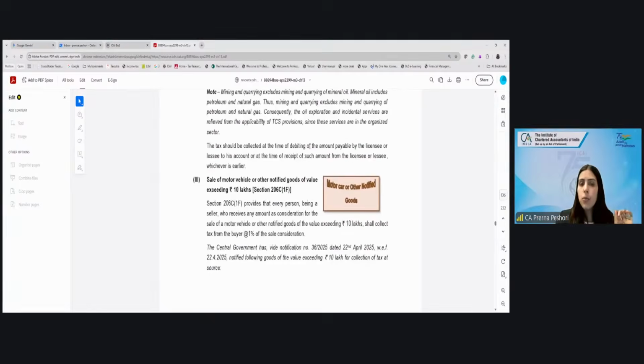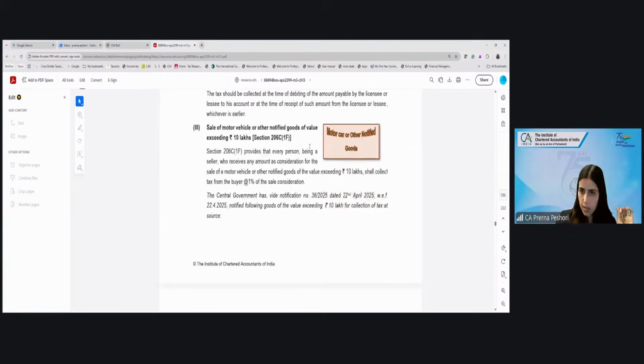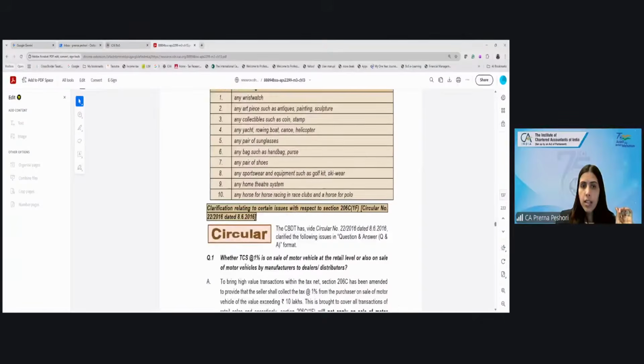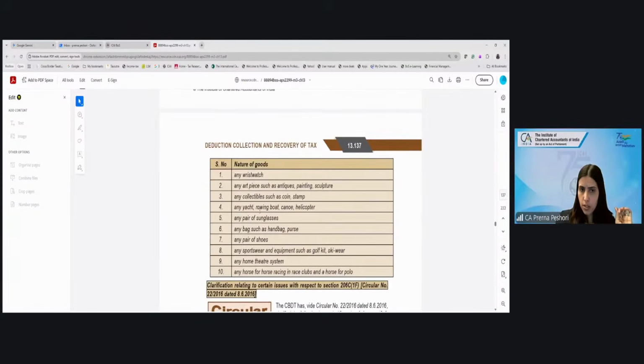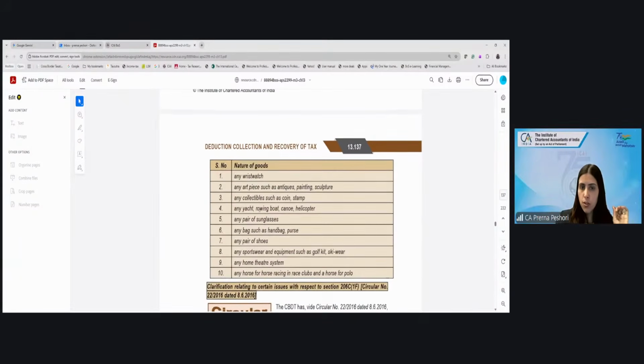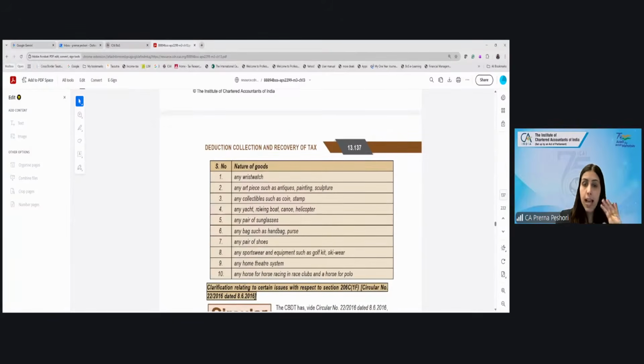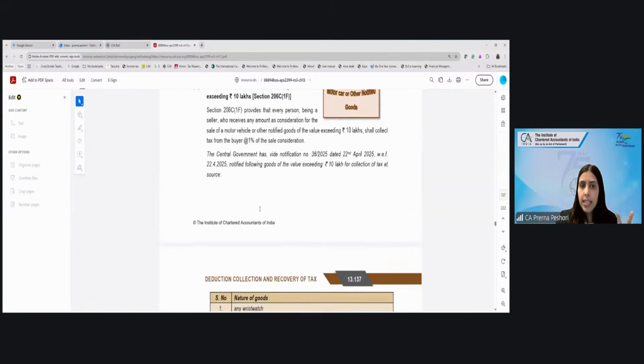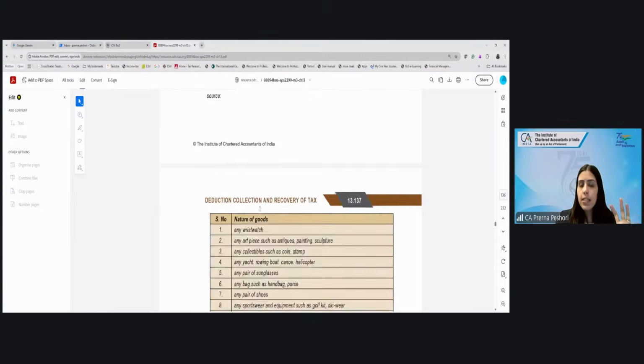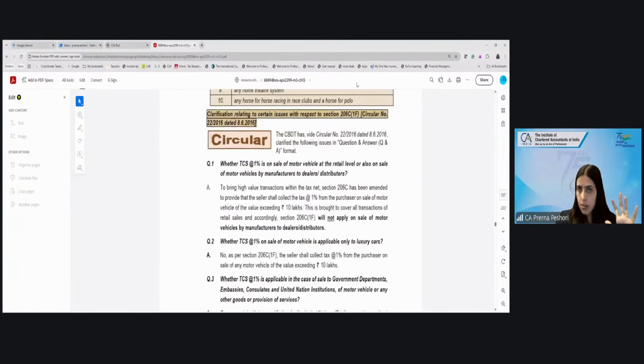On sale of motor vehicles of value exceeding 10 lakh, it is 1%. Then on luxury goods, when you purchase wristwatch, art pieces, collectibles, yachts, sunglasses, handbags, home theater system, in these cases also, if the value exceeds 10 lakh, there will be TCS at the rate of 1%.